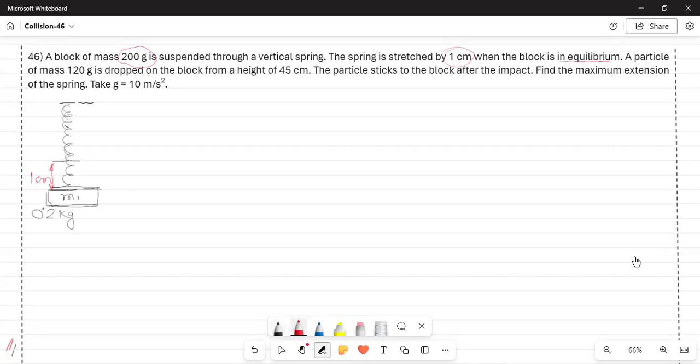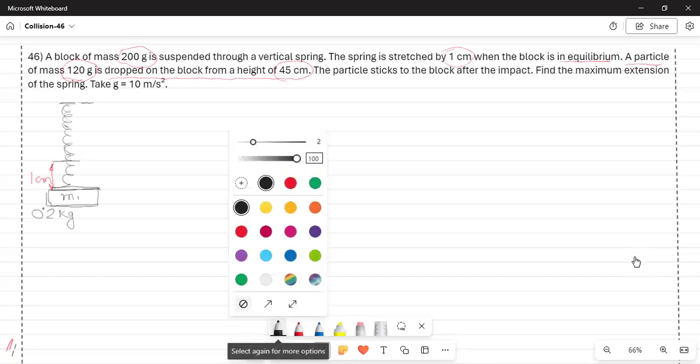Now it's what it says. A particle of mass 120 gram is dropped on the block from a height of 45 centimeters.